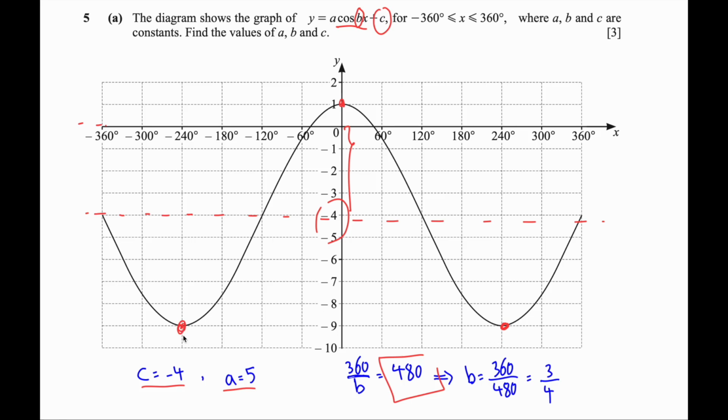What I chose here is the 2 minimums. You could also use this point and this point. The goal is to find the distance between them. In this case, this is -240 and this is 240, so they are 480 apart. And you do a cross multiplication. B is 360 over 480, which is 3 over 4.